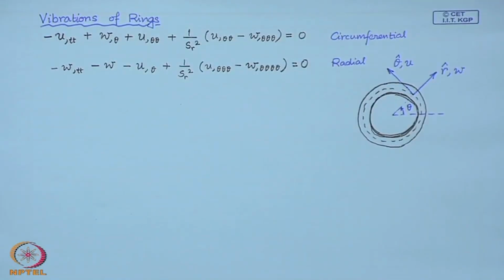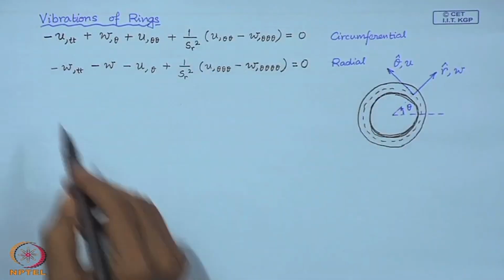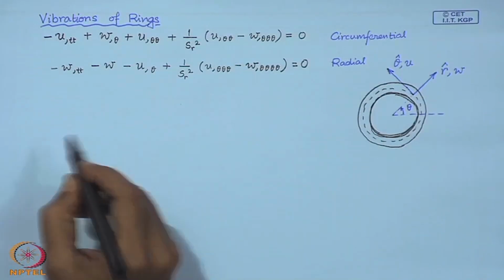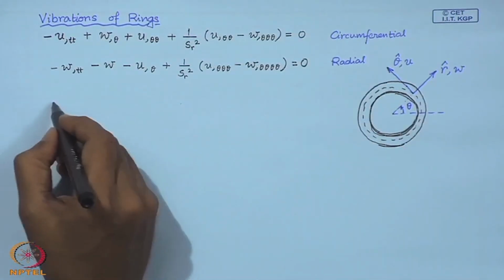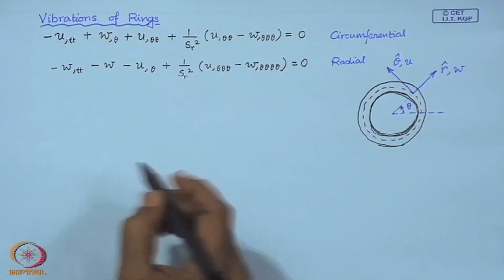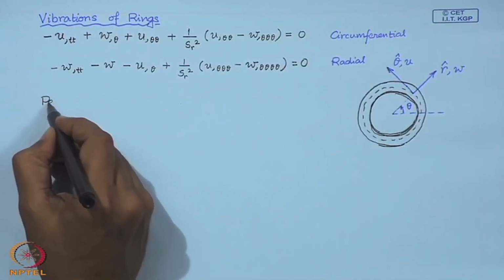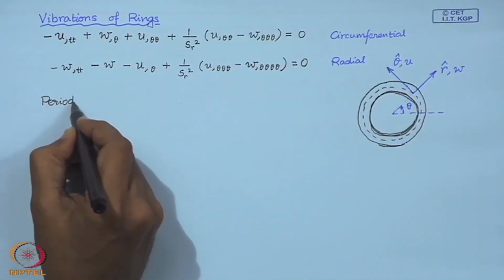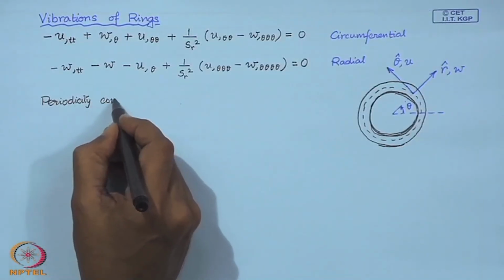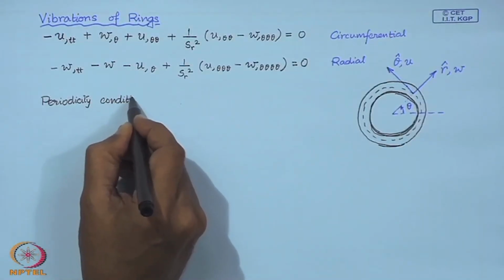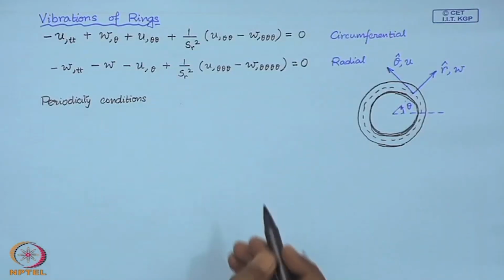Now, the boundary conditions, we discussed the boundary conditions for a complete ring like this. It turns out to be periodicity conditions on the field variables.